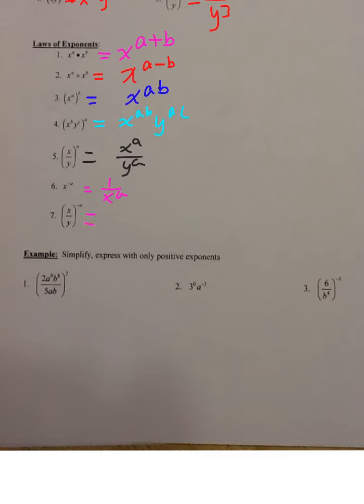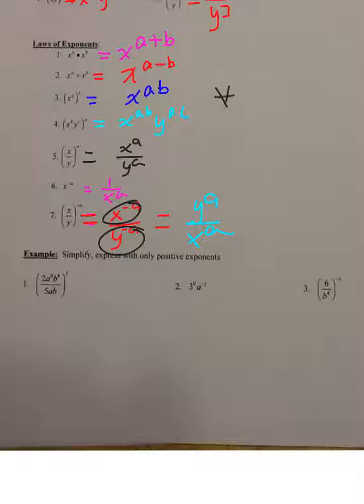And when I have x divided by y raised to the negative a power, so that is x to the negative a, y to the negative a. So I want to make the exponents positive. So the numerator goes into the denominator, this goes into the numerator, and becomes y to the a over x to the a. And one other thing is the 0 exponent.